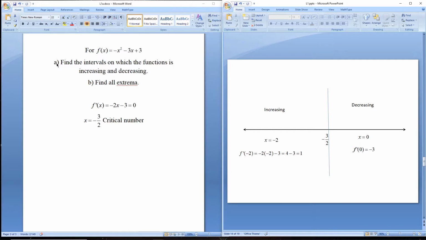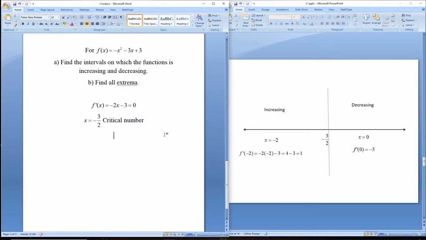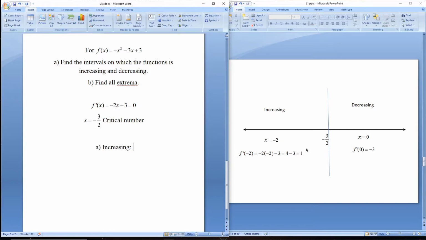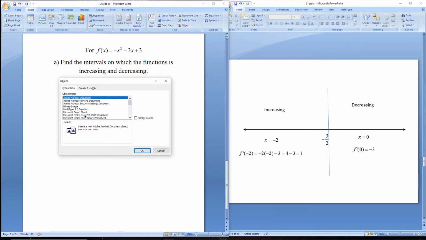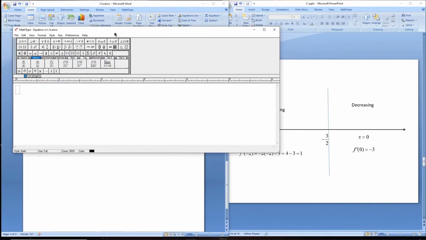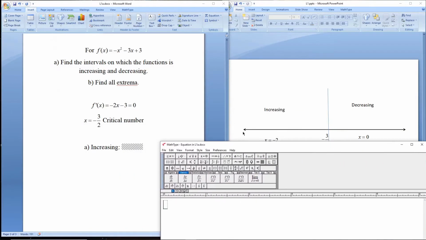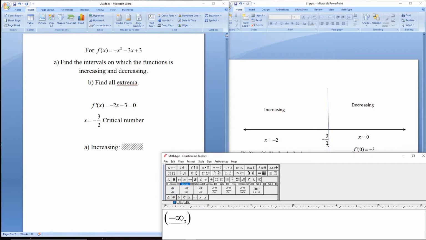And so we've just answered part A. We just answered part A, the interval of increasing, by looking at our number line, this is literally our handwork right here. It's increasing from minus infinity, and it's increasing all the way up to minus 3/2.